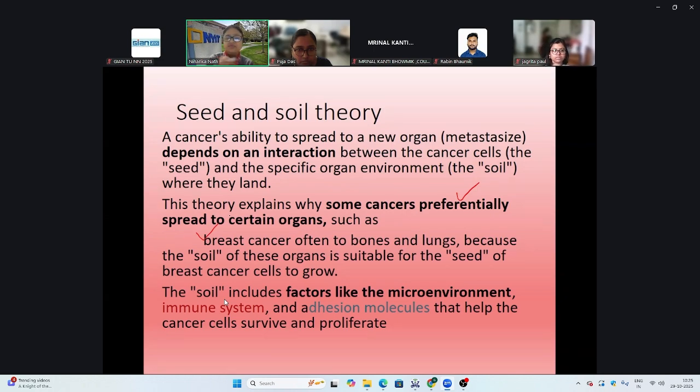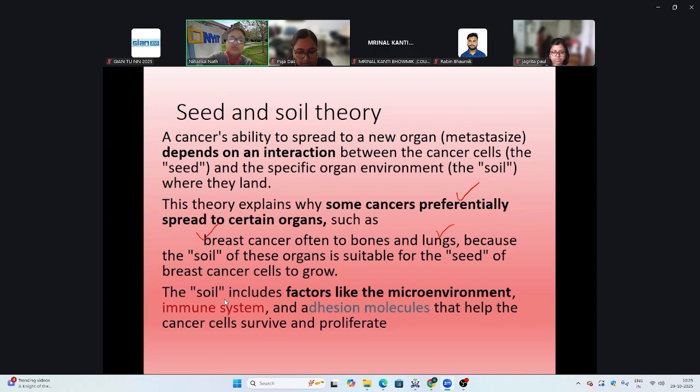They have to be comfortable growing in there. So if the person didn't die of the breast cancer, but there was some metastasis and it went to the lungs, then the person might really die because of this metastasis. So it's of prime importance to prevent that metastasis, especially in this situation.